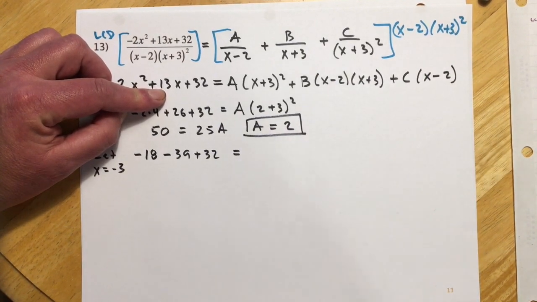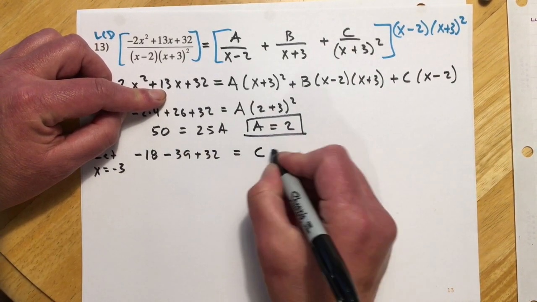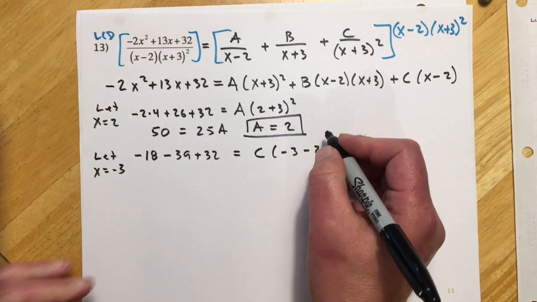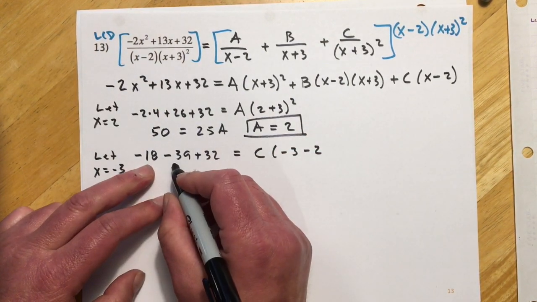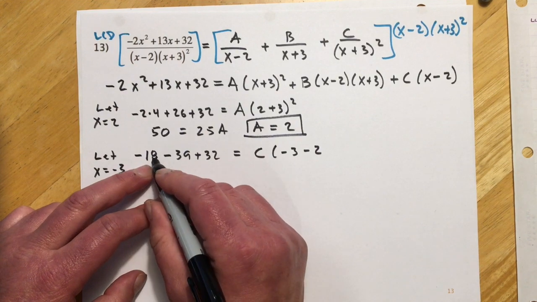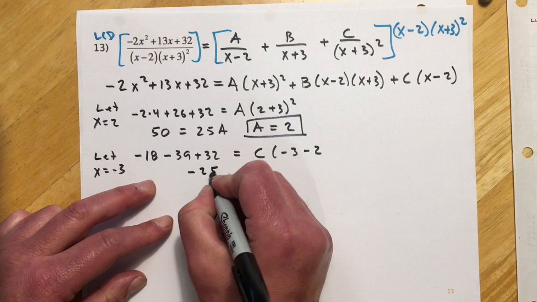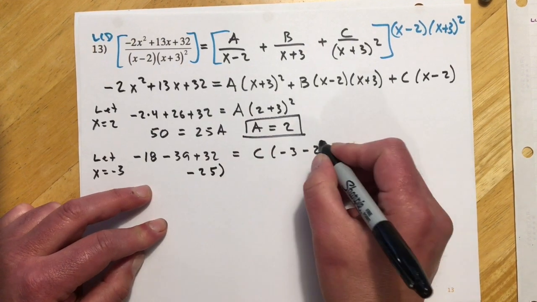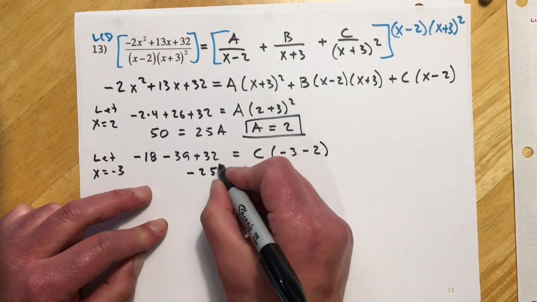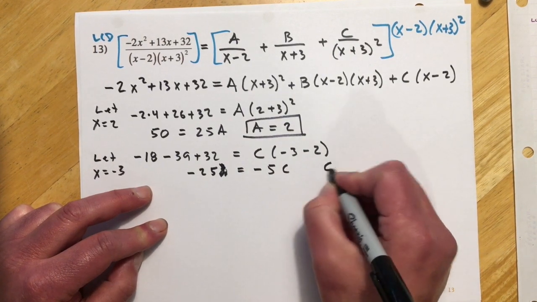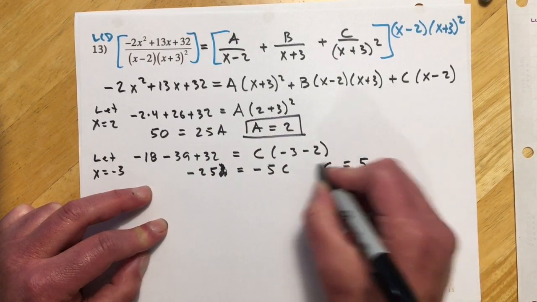And so the only term to survive is c. So c times (−3 − 2). Let's see, this comes out to 18 minus 39 plus 32, so −25 equals −5c, and so c equals 5.